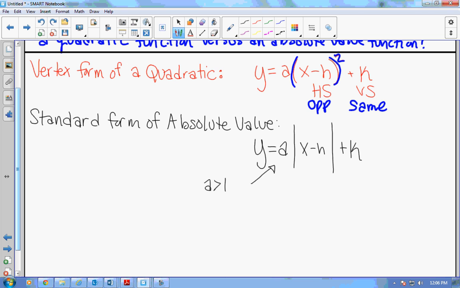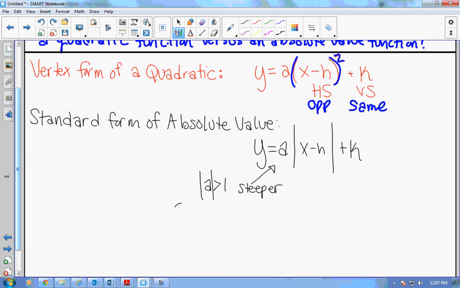So if I go up 2 over 1, up 2 over 1, up 2 over 1, what are the arms doing? Are they steep or are they less steep? They're steep. So as we increase, we get steeper. Same thing for quadratic. I'm going to actually put the absolute value of that because the same would happen if it was negative.